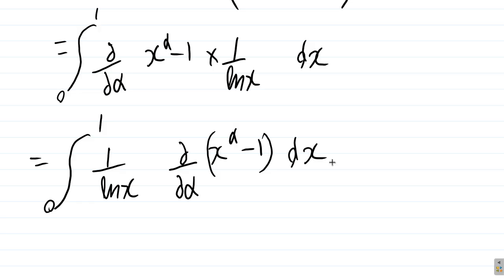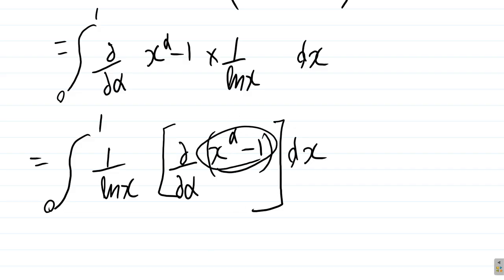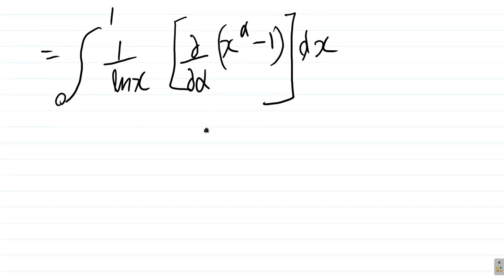Now, here, we're going to concentrate on this part. Let's go inside this bracket and differentiate them one by one. So we write back the integral from 0 to 1 of 1 over ln x.